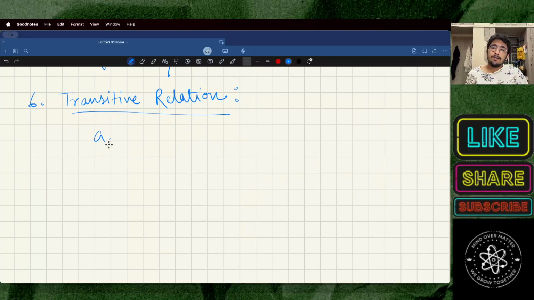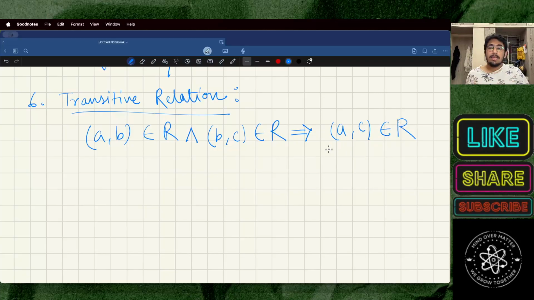It tells that if A comma B belongs to R, and B comma C is also in R, then it implies that A comma C is also an element of R if R is transitive. So if 1 comma 2 is in R and 2 comma 3 is in R, then 1 comma 3 must be in R for R to be transitive.